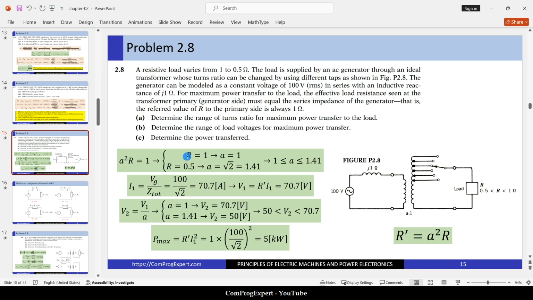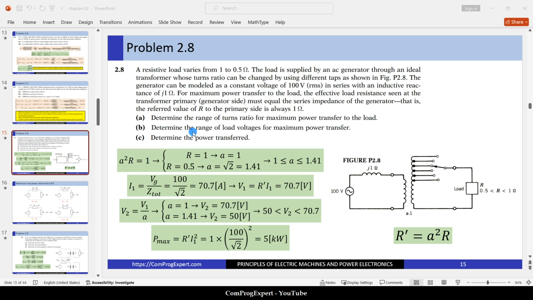And if we consider the value of R equal to 0.5, the value of A will be equal to square root of 2, or 1.41. So this is the range of turns ratio from 1 to 1.41, the range of turns ratio for maximum power transfer to the load.